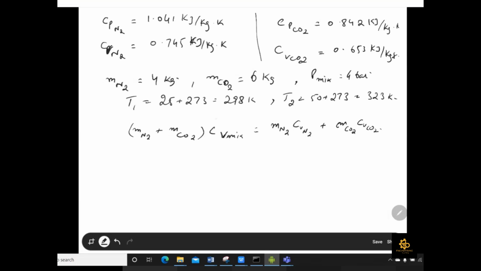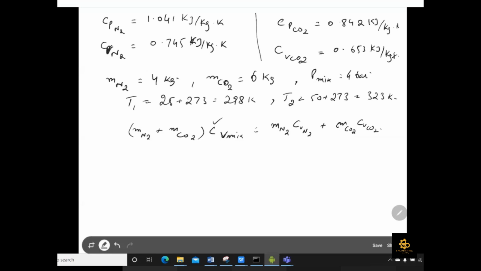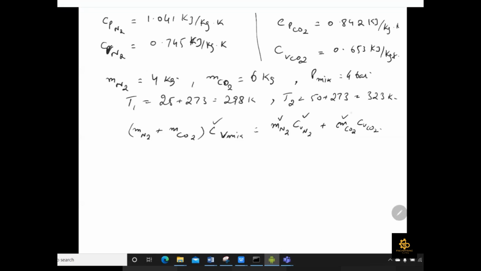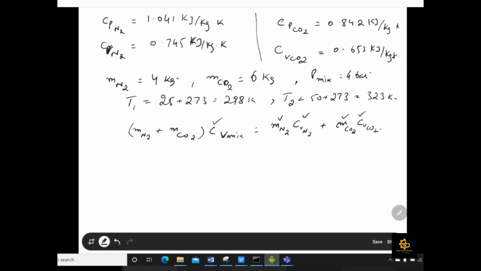Okay, so now our required thing is to find the Cv value of the mix. This is known to us, this is known to us, this is also known to us, so we can easily find the value using this relation.